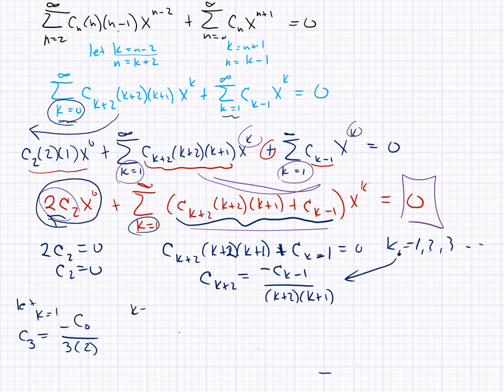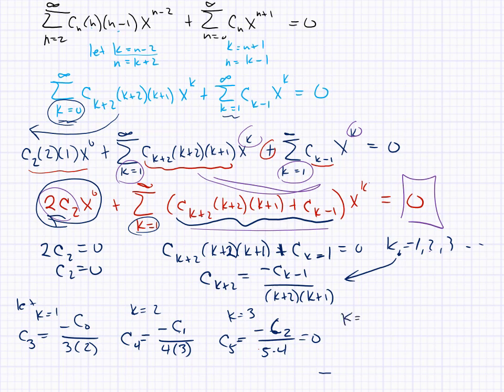And if k equaled 2, we'd figure out that c sub 4 equals negative c sub 1 over 4 times 3. And if k equaled 3, we figured out that c sub 5 equals negative c sub 2 over 5 times 4. However, c sub 2 equals 0, so actually c sub 5 is going to end up equaling 0.